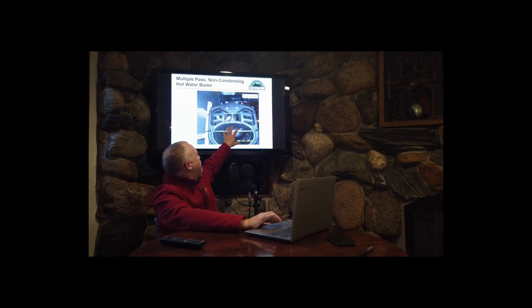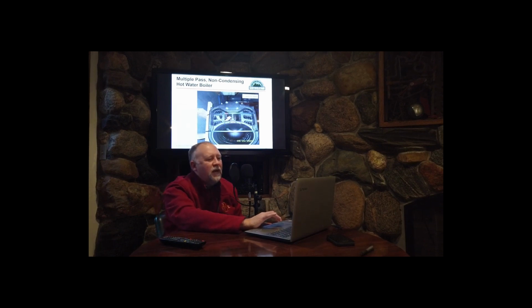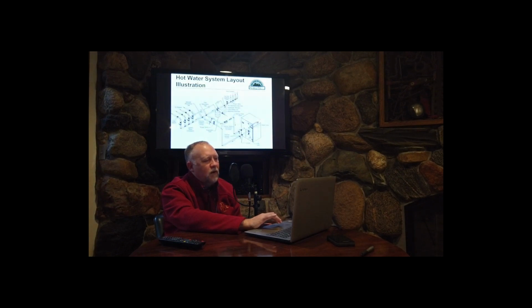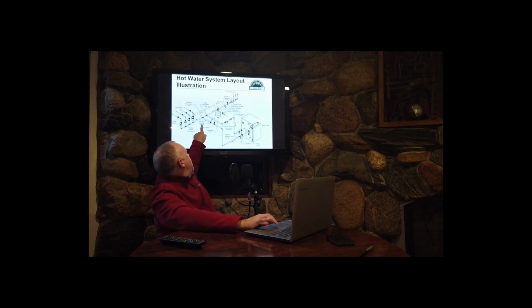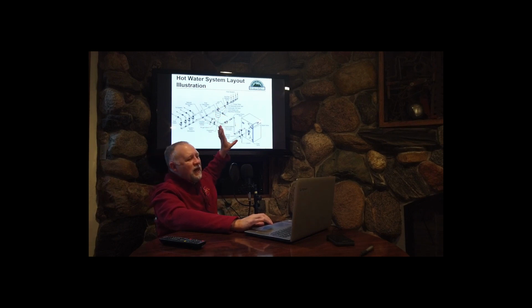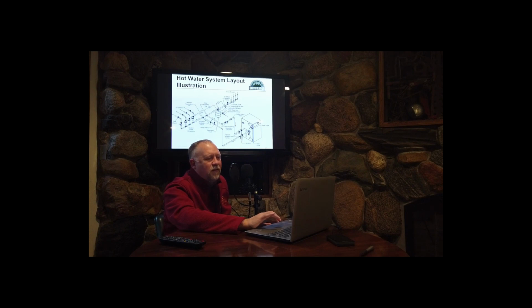The energy from the fire goes to heat up the coil, heat up the water that's passing through the coil. Very simply, this is a very simple system, like you might find in a residence. We have return water coming back to the boiler. It's heated and it comes out. It's going to go around a bunch of individual zones.